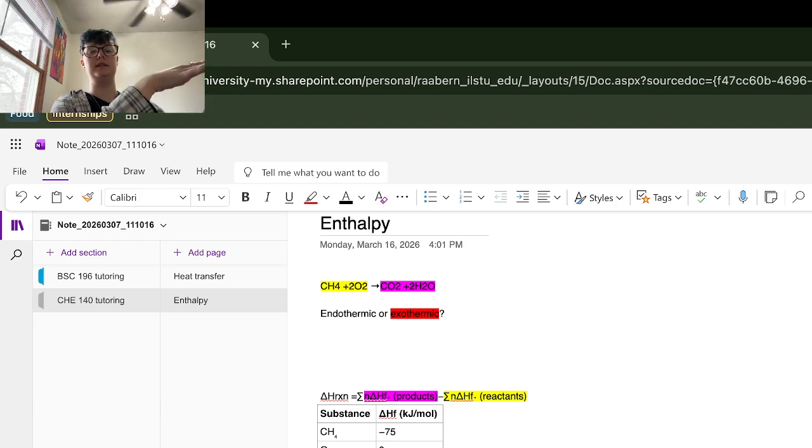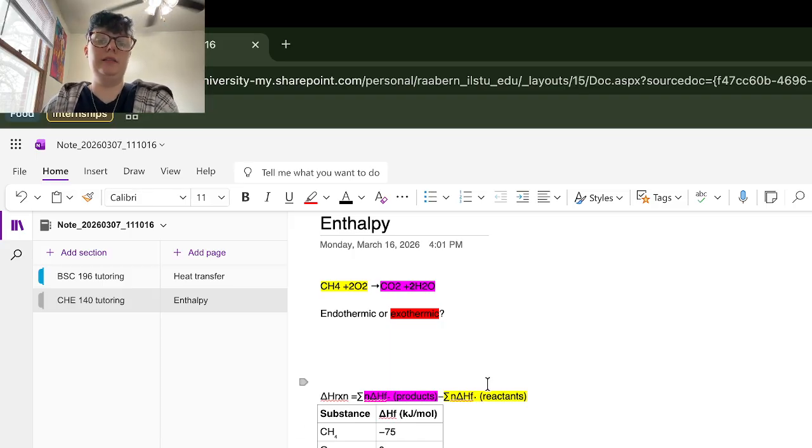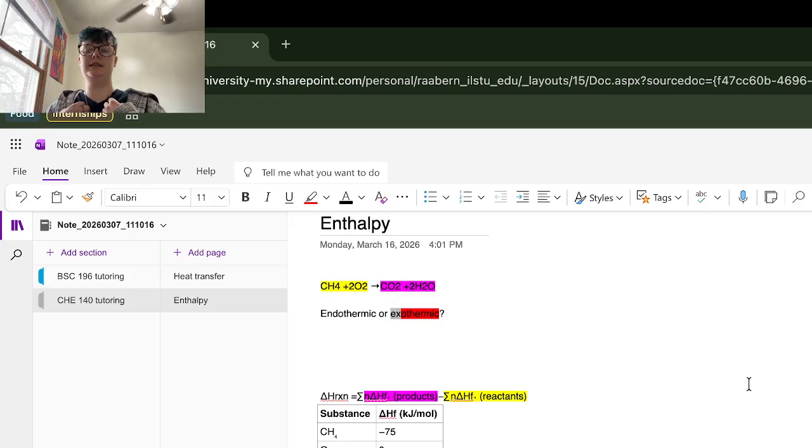So a release is exothermic, absorption is endothermic. A good way to think of this is, maybe you guys really like biology stuff, so you kind of already know how to tell. But if you don't, exothermic, think exit. It's the energy exiting the system.